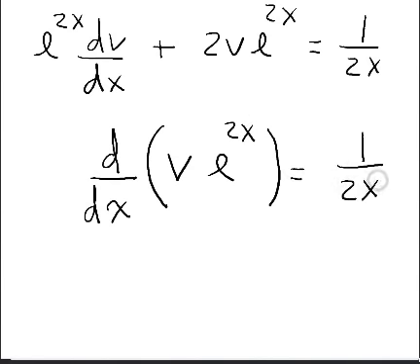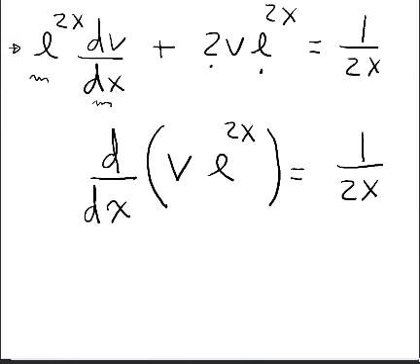We have e to the 2x times the derivative of v with respect to x, and if you differentiate e to the 2x, you get 2 e to the 2x times v. So this is the derivative of that.